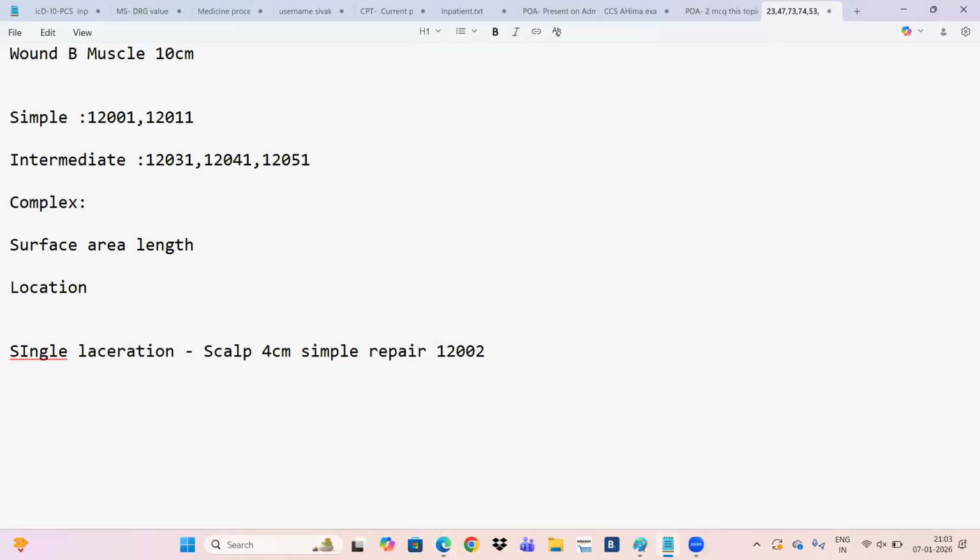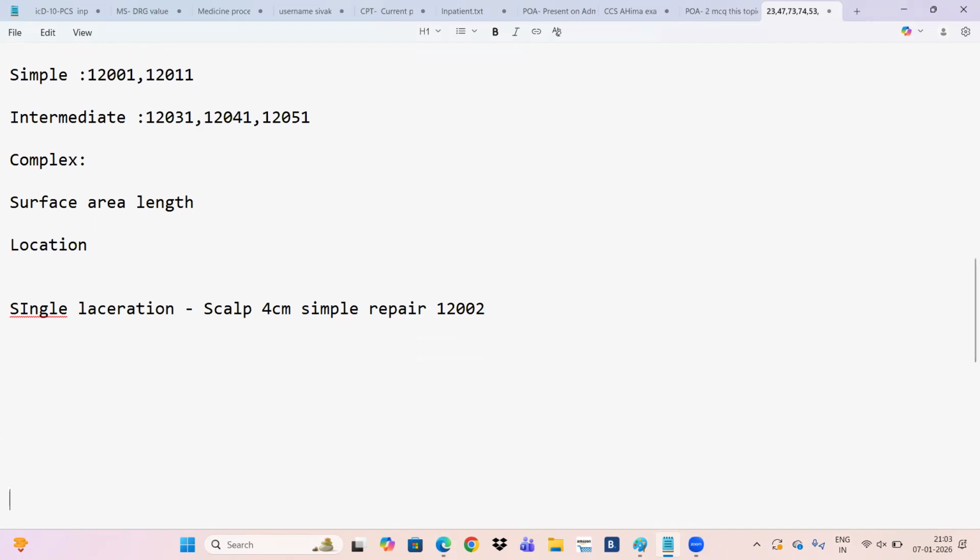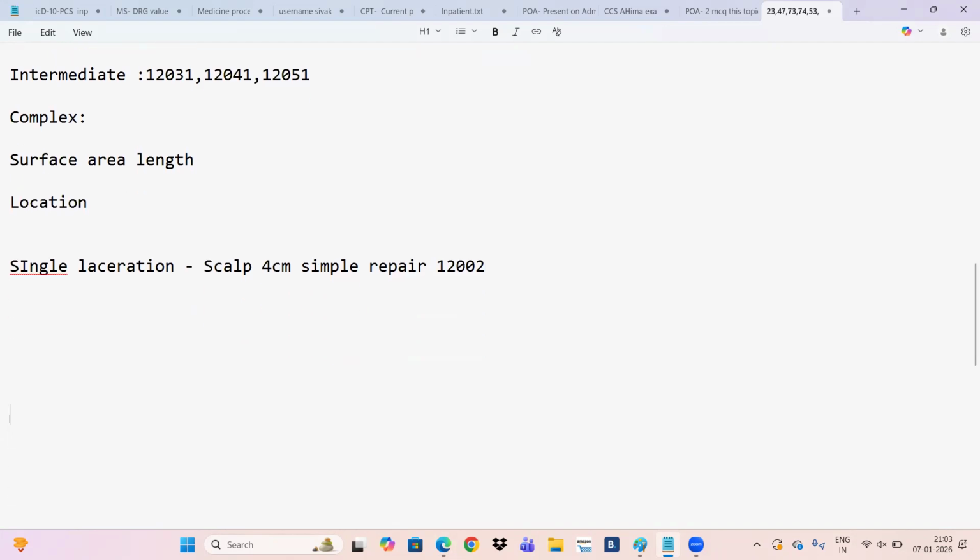Suppose intermediate or simple or complex, if they given a single laceration, no problem. We can code directly based on the length. Whenever they perform multiple lacerations, we need to cross check a lot of guidelines. Check type of repair and anatomic group.